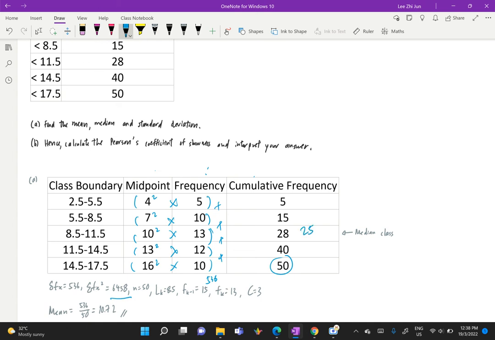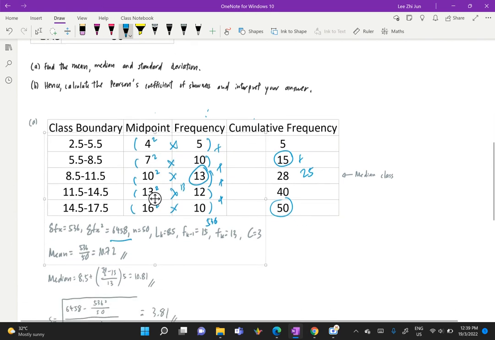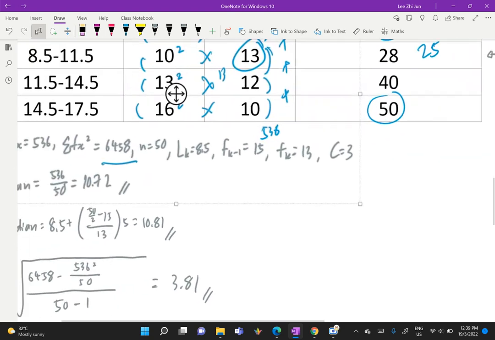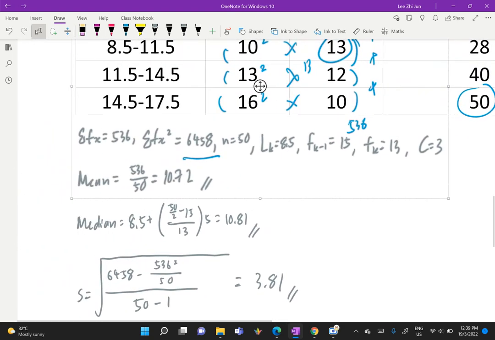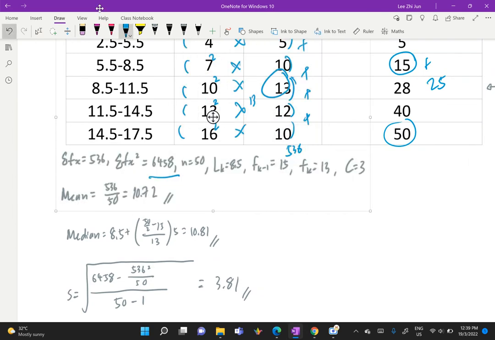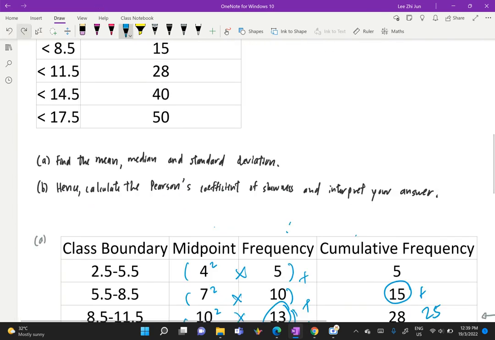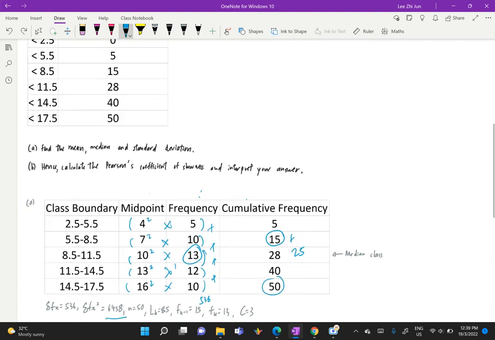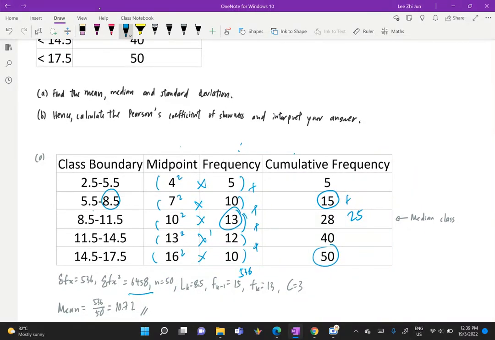And the median. Define the median class first. 25 is here, so the third class is the median class. So big K is 50, small k is 13. For the median, the lower boundary is 8.5.